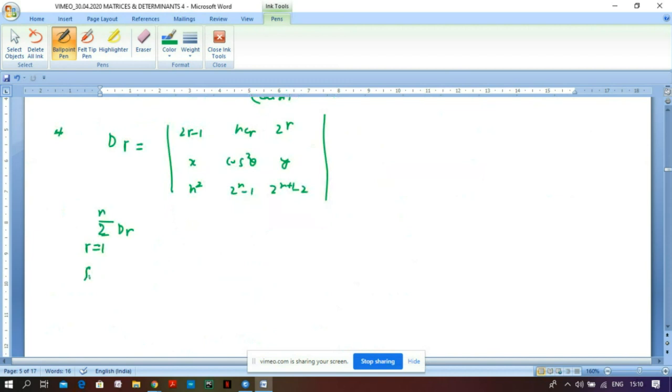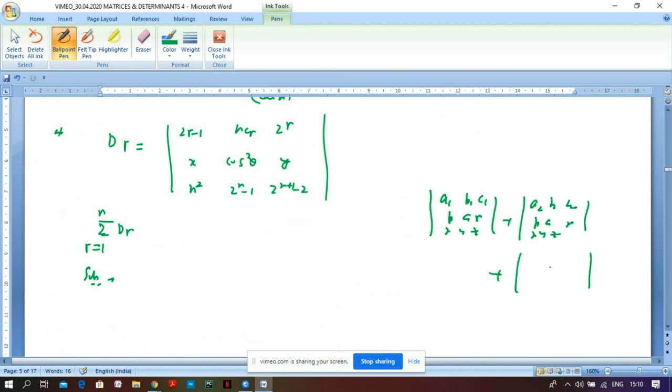For this we are using a basic result: if you have a1, b1, c1, and p, q, r, x, y, z, plus again a2, b2, c2, p, q, r, x, y, z, and so on up to a3, b3, c3, so two rows are constant. Then the determinant value becomes a1 plus a2 plus a3, b1 plus b2 plus b3, and so on, with p, q, r, x, y, z as they are. This means we can just sum along one row.